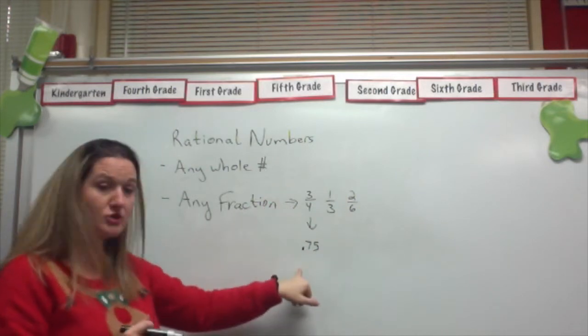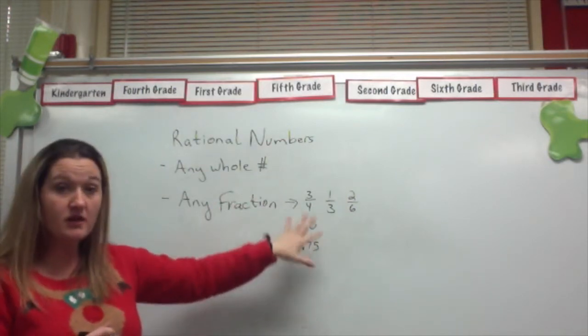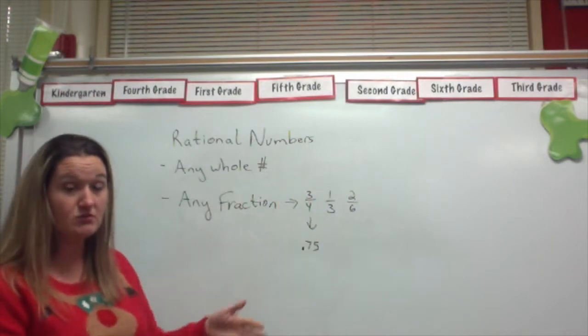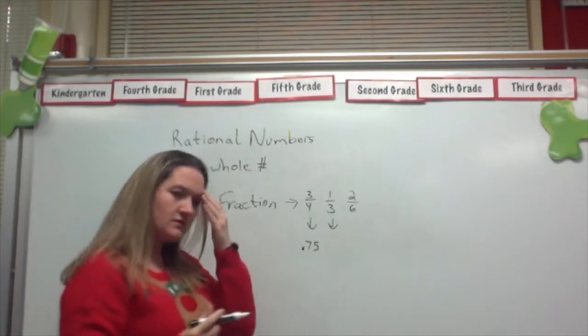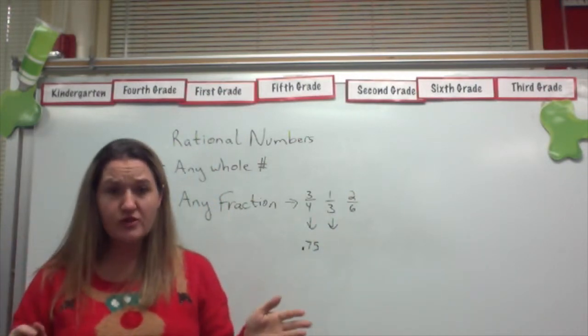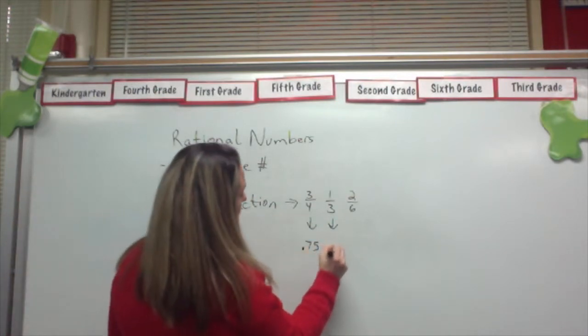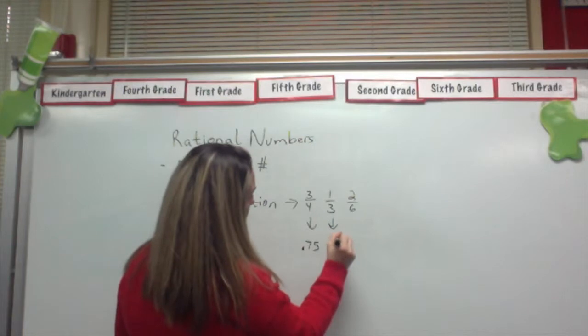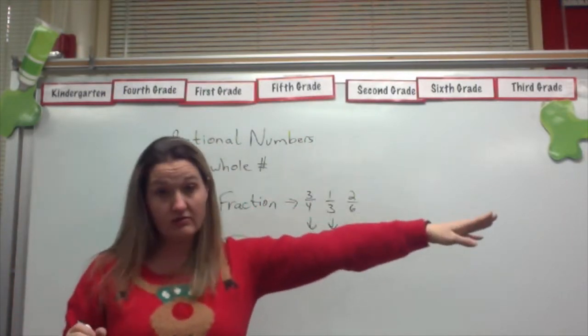That's why 3/4 can be written as a fraction, because it can be converted to a decimal, and that decimal ends. Now, 1/3 is a little different because this one doesn't end. If you've ever done 1/3, you know it's 0.33333, and it goes on forever. So this one is a repeating decimal. Basically, it's going to be 0.3 going on forever.